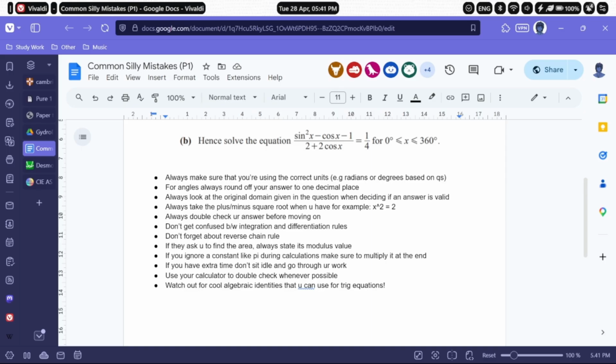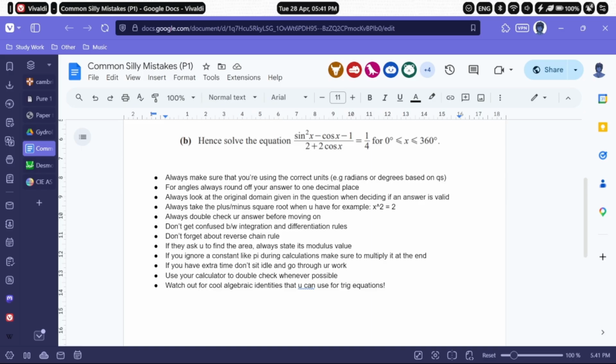So you'd have to exclude that. Just make sure you check that again when you're reviewing your question. After that, whenever you're taking the square root of a positive value, don't forget to take plus minus because you could lose some solutions by not doing that.